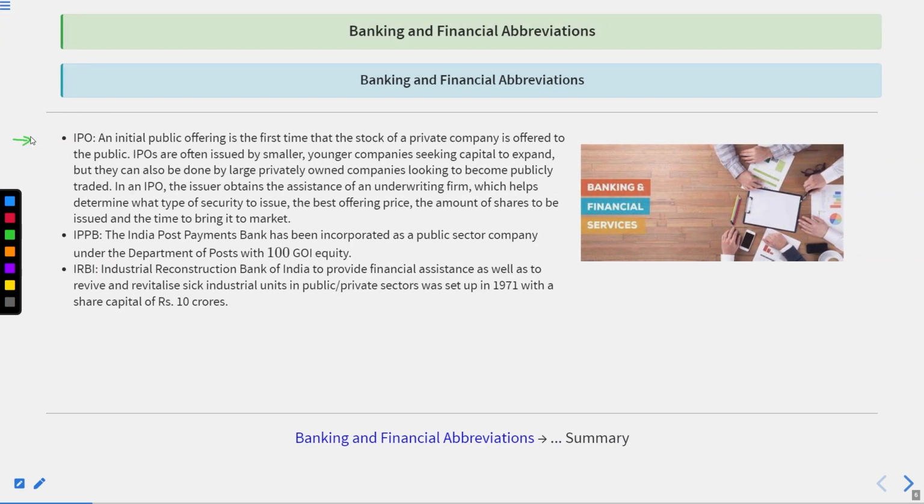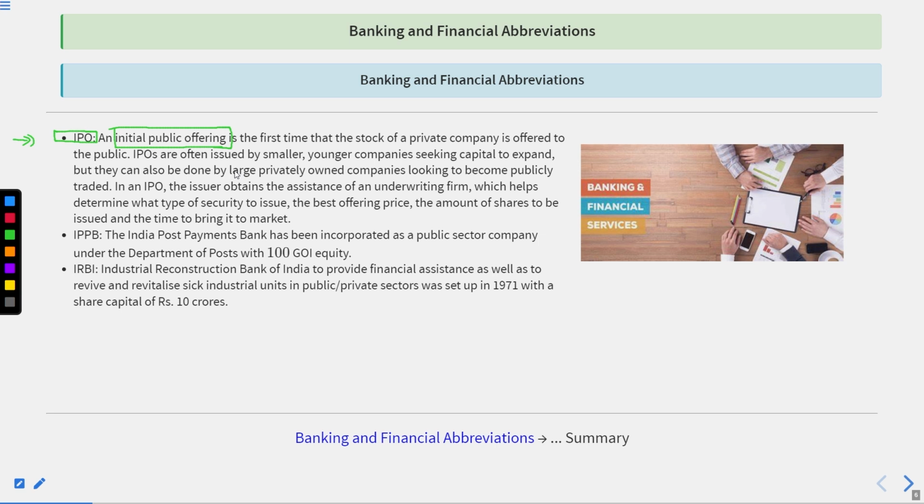Here we have the IPO. The IPO acronym we had already discussed in the previous lecture, if you remember. IPO stands for initial public offering.